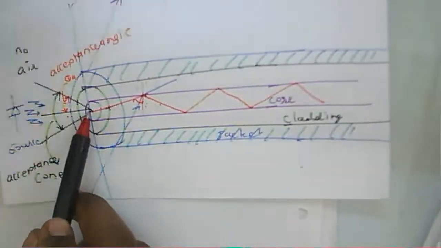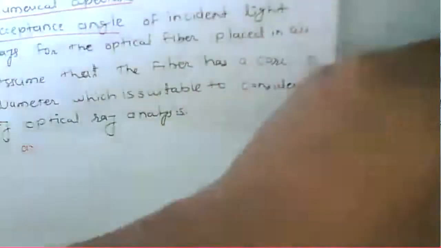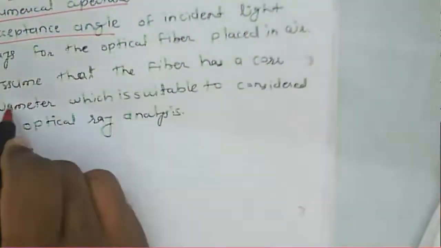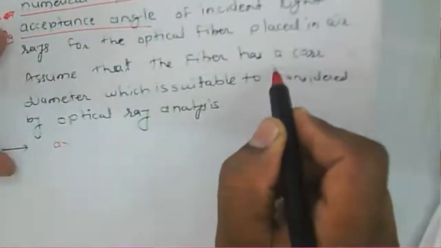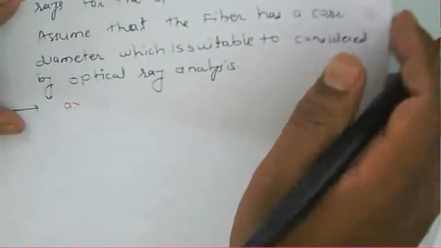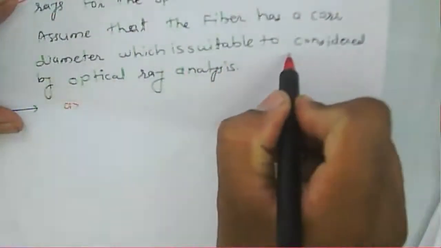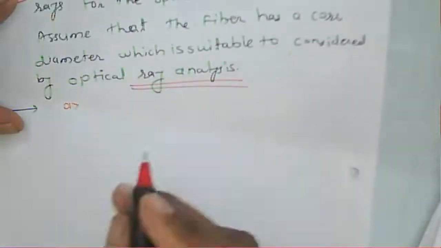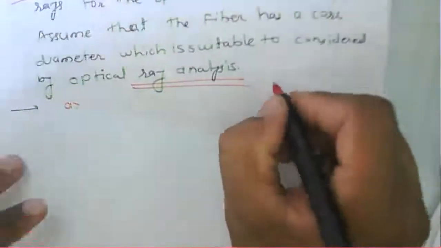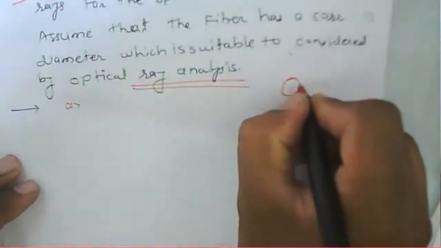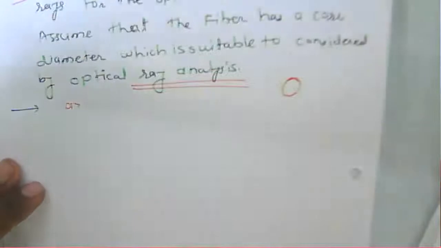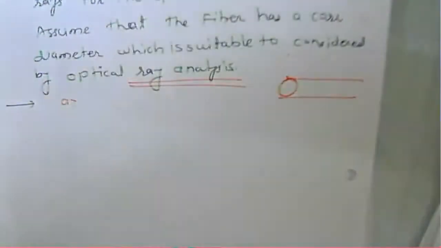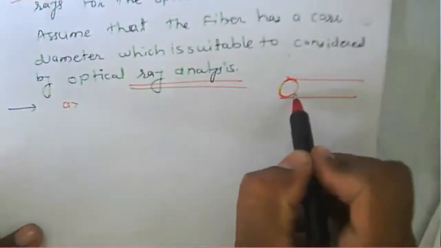Now it is mentioned in the numerical itself: assume that the fiber has a core diameter which is suitable to be considered by the optical ray analysis. Suitable to be considered means whichever the core size is, it will be sufficient to propagate the light, whichever the diameter of this particular fiber.